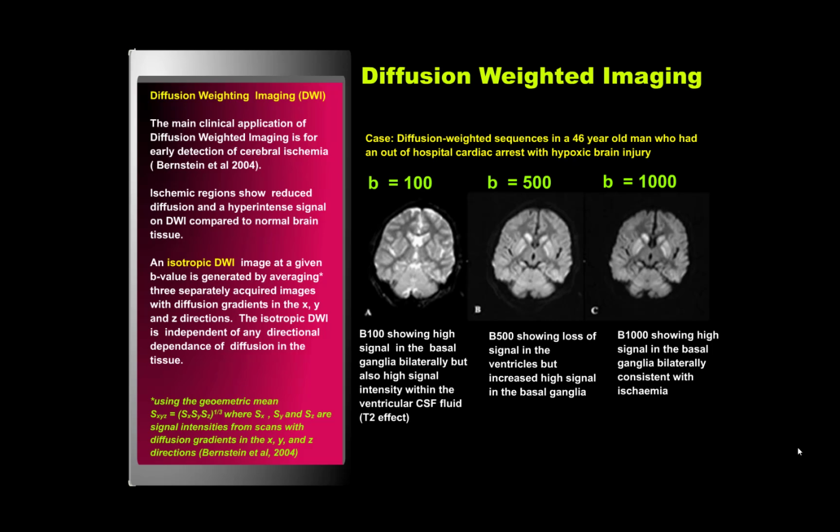Remember we said that the bipolar gradient can be x, y, or z, or some combination of x, y, and z to give you sensitivity to diffusion in a particular direction. Well, if you're looking at images that are called isotropic diffusion-weighted images, what's actually happened is the machine has generated a diffusion-weighted image for the x direction, for the y direction, and for the z direction, and then has combined them before it presents them to you to give you an averaged diffusion-weighted image, which is called the isotropic diffusion-weighted image.